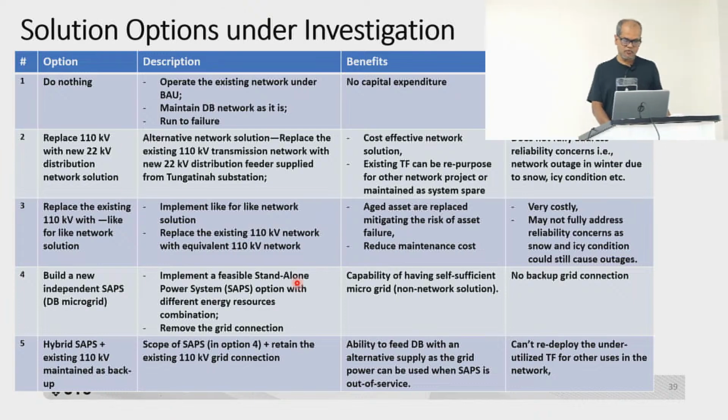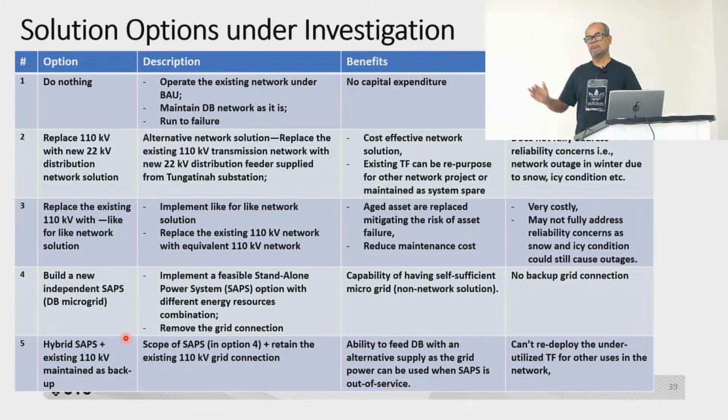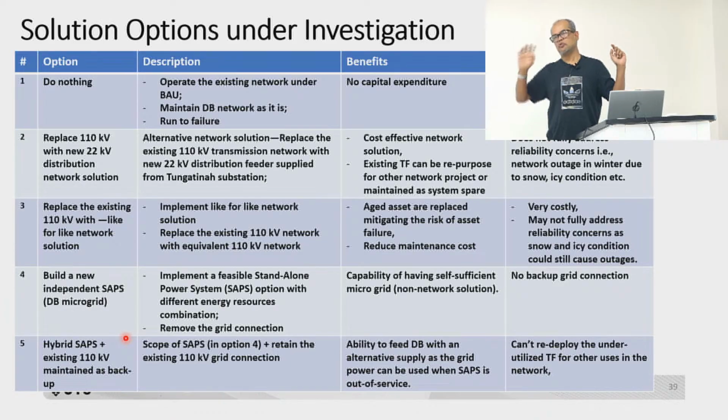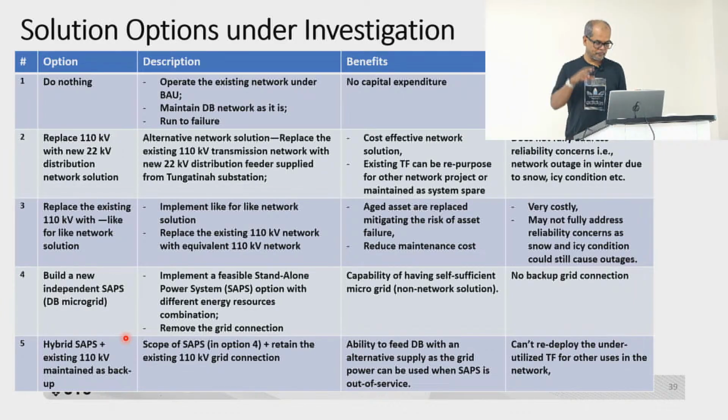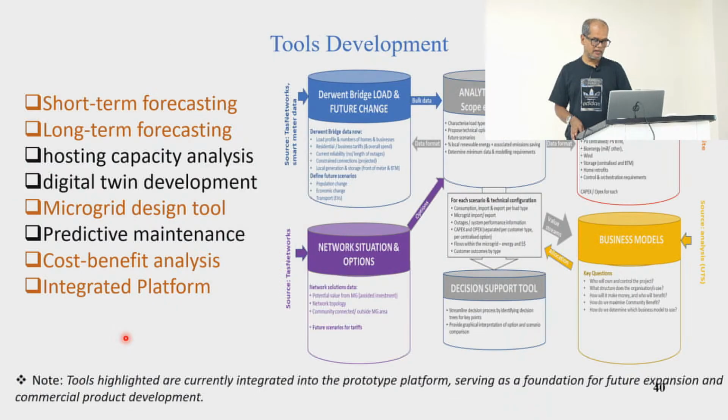So we tried to find out about options 4 and 5, whether we can build a new standalone microgrid, or have a hybrid option, in the sense that maybe for the next 5 years it will be grid connected, and after 5 years it will be completely off grid, because they can still use the transmission line, and they can start the microgrid now and keep increasing the capacity. At a certain point when the transmission line cannot be utilized, they can go completely off grid.